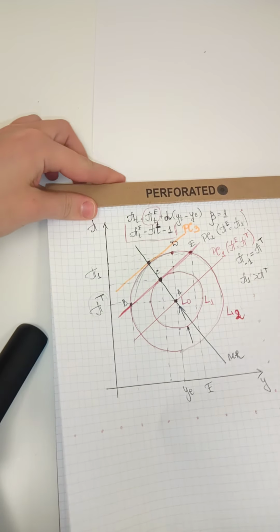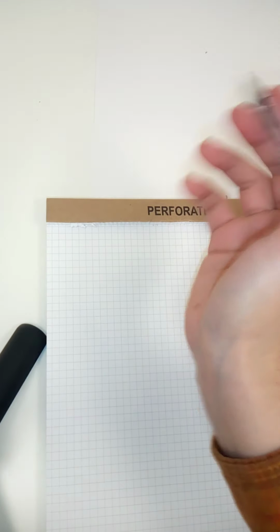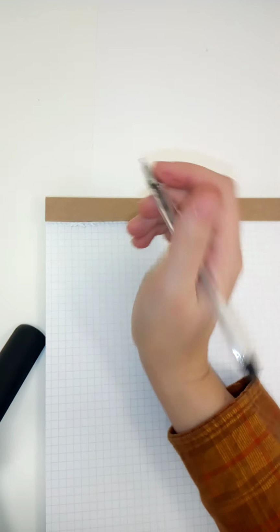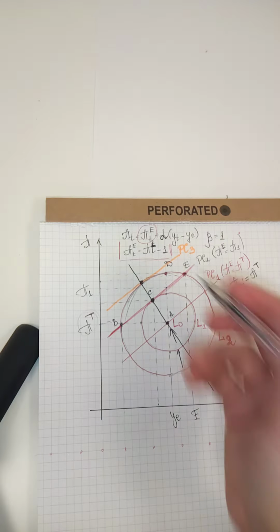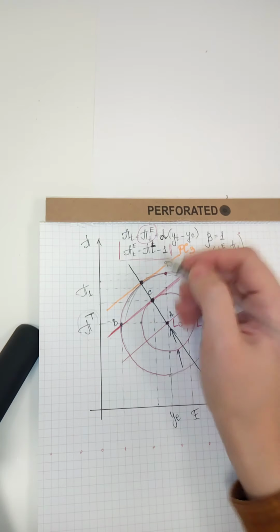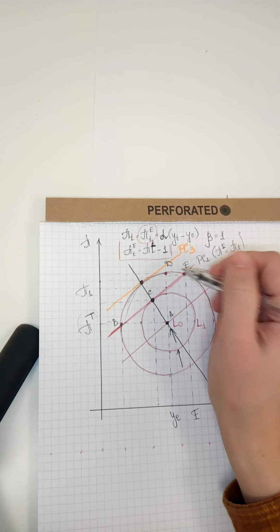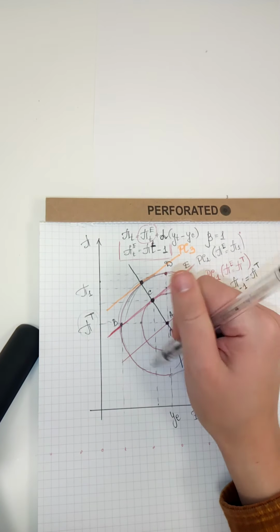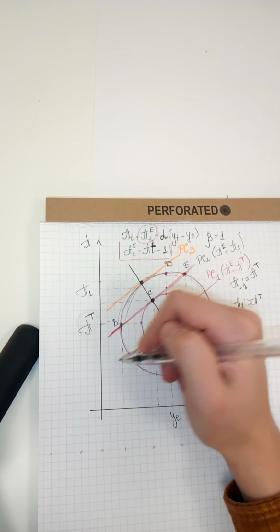Let's proceed to the final one. So when it comes to the formula of monetary rule, as I said here, the central bank can minimize losses when being located at the point of tangency of the iso-loss curve and the Phillips curve.